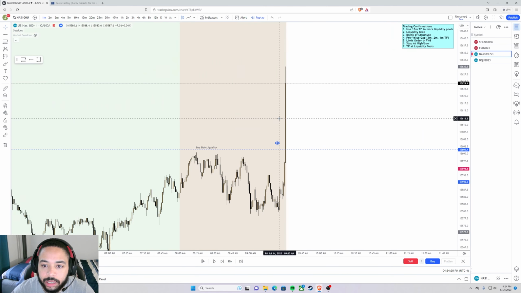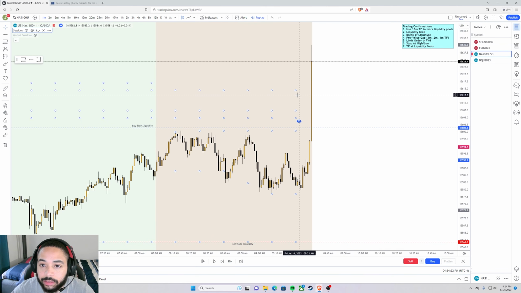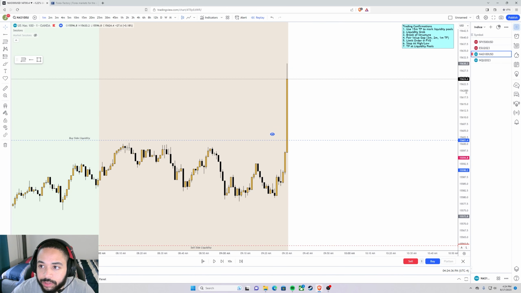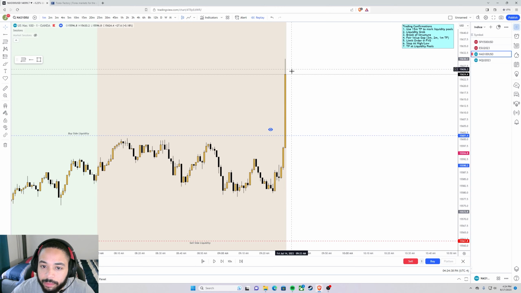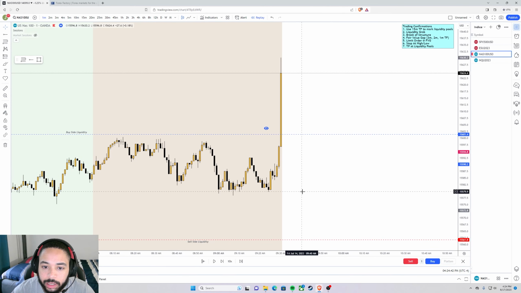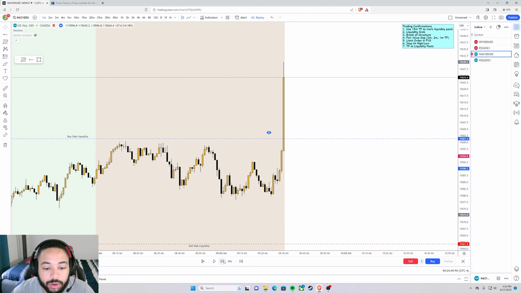All these highs were taken. So that's a good sign that orders were activated, and that if price delivers a break of structure lower and a fair value gap, it's likely to want to go down to clear the liquidity below here. So at this point, we see the liquidity grab.